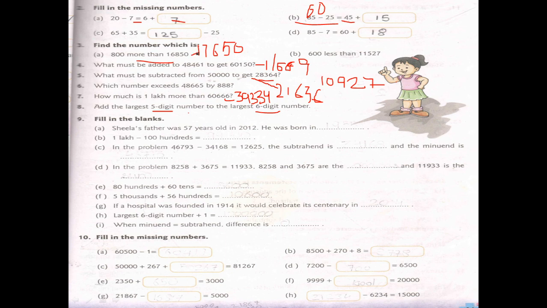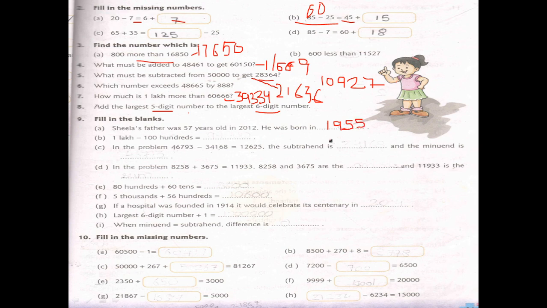When you are subtracting 2012 minus 57, then what will be your answer? That one is 1955. That means his father was born in 1955.